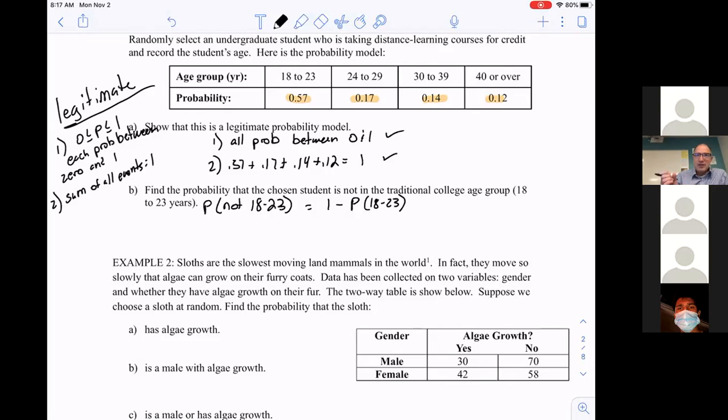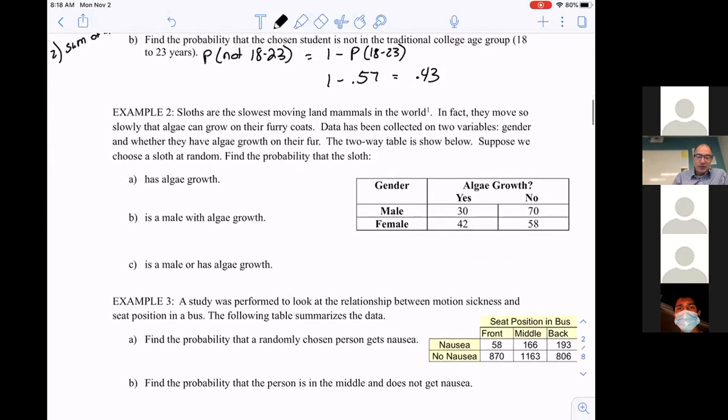In the grand scheme of things, it's going to boil down to the fact that you be able to show your calculation on the AP exam. However, this is one of those things that Mr. Dottie's going to require you to write out a probability statement. So that's the way it goes. Anyway, so the likelihood of being in that 18 to 23 category is going to be this 57 that we pull from there. And so that means that not 18 to 23, or non-traditional, is going to be 43%. Okay.